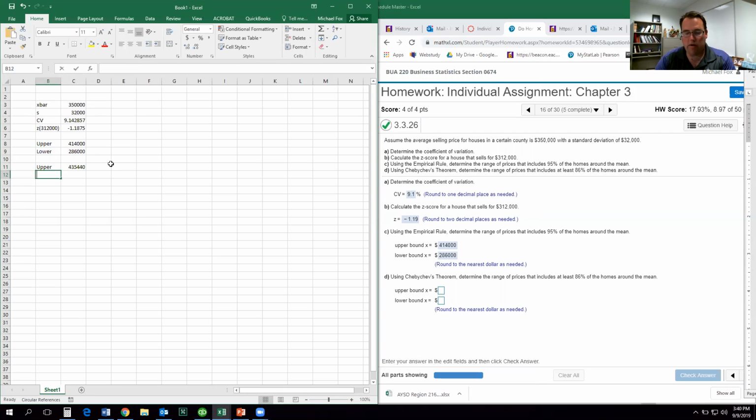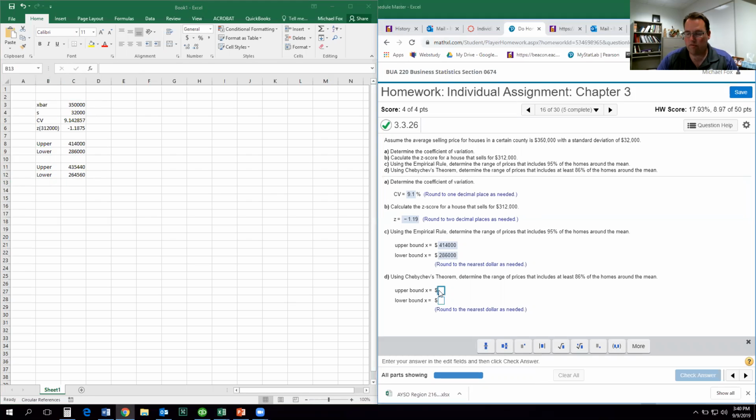Then our lower bound is going to equal our mean minus 2.67 times the standard deviation. Hopefully I took that intermediate rounding out far enough that this will work. Our upper bound 435,440.